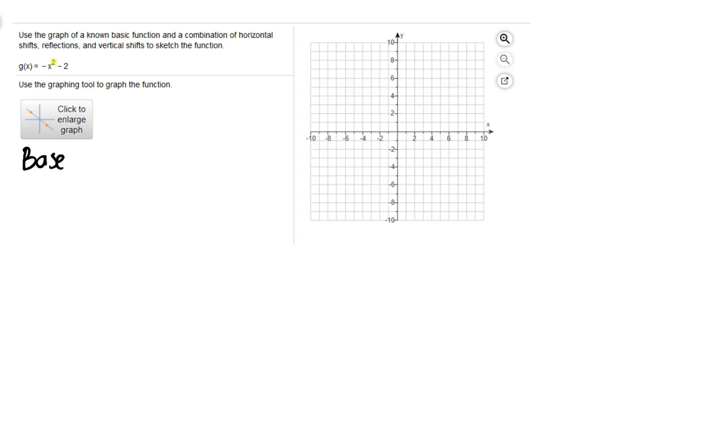I usually call it base function. So our graph will have a similar picture to a parabola like this. Because our base graph is y equals x squared, we know the basic shape that it will be in. Then we're going to analyze that equation to see what transformations we have.